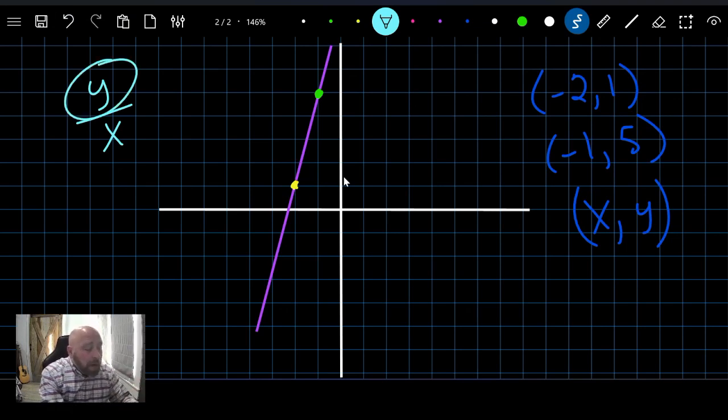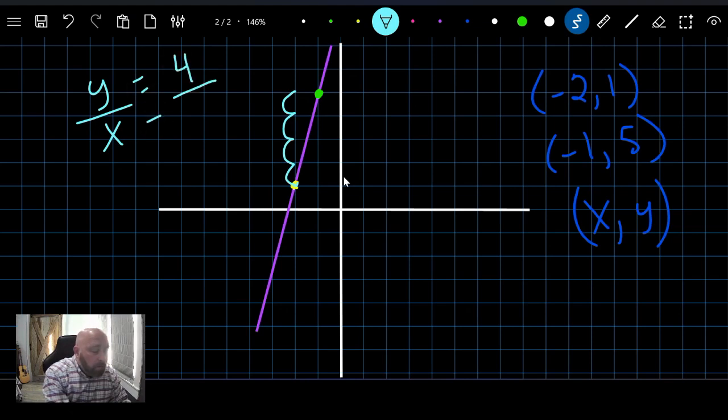So y is how far up do we go to get to that next point. Let's check it out. We go up 1, 2, 3, 4 places. So our y is going to equal 4, over our x, which is how many spots did we go over? 1 spot. 4 over 1 is our slope.